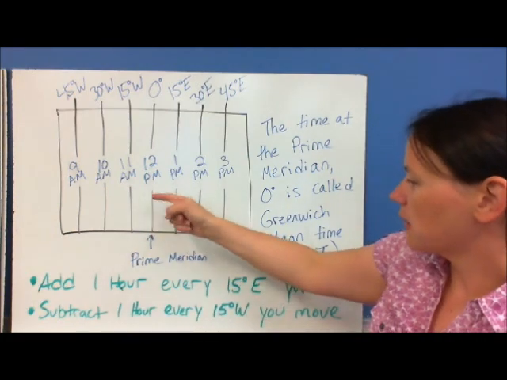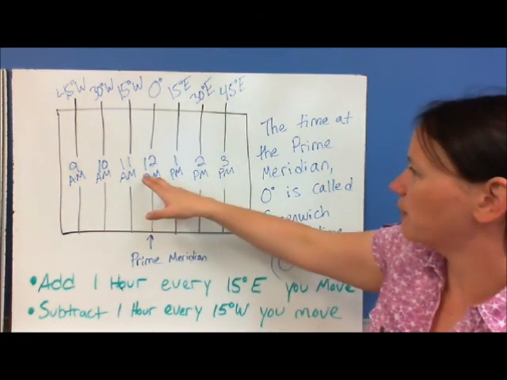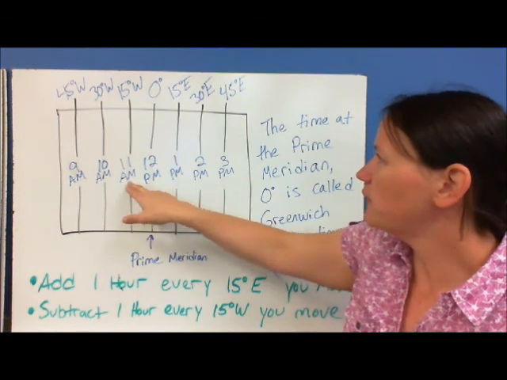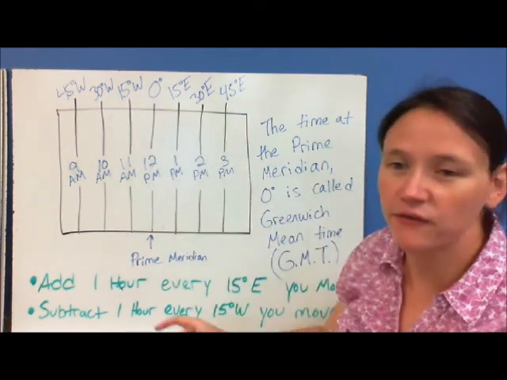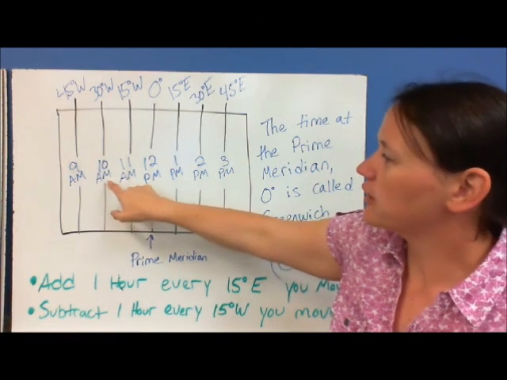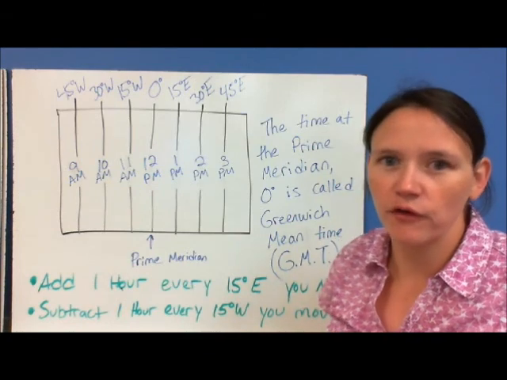So if you are going to the west, you're going to subtract time. If it's 12 p.m. in Greenwich, England, then 15 degrees to the west of that, it's going to be an hour earlier, which would be 11, and then you just keep going and keep subtracting hours as you move further and further west.